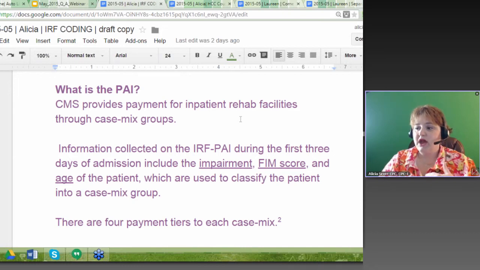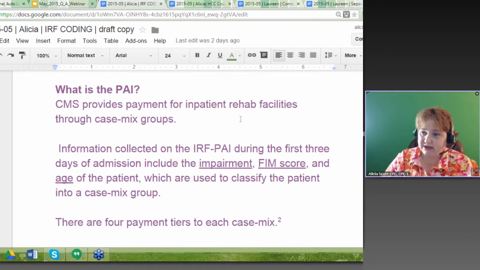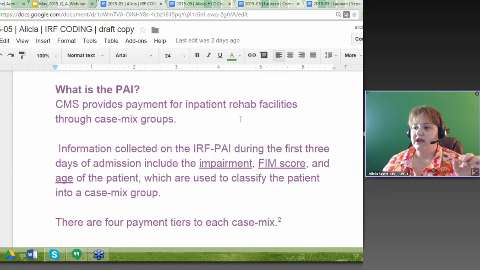Those are all pertinent. And this information is used to classify the patient into a case mix group, all right? And there are 4 payment tiers to each case mix. That's important to know.